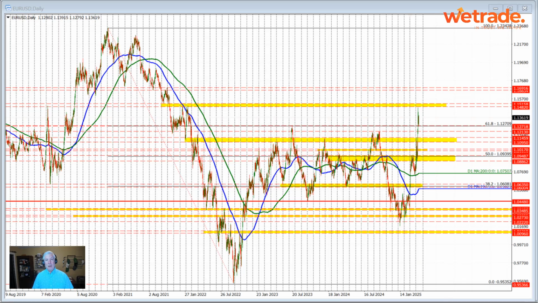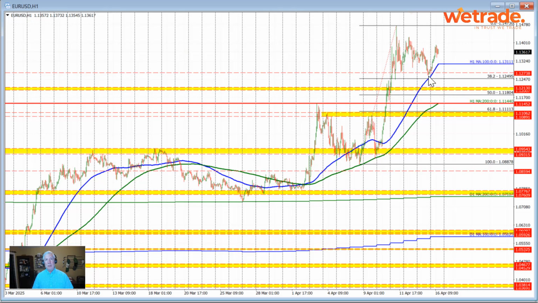Going back to our hourly chart, you can see the price moved a little bit below that area. I think the low is around 67 or something like that. But we stayed above the rising 100-hour moving average, and that is now the closer support in trading today. If the price were to move below the 100-hour moving average, we'd still have work to do. We'd still need to get below the 71 to 75 level, and then get below the 38.2% retracement of the move up from last week's low to last week's high.